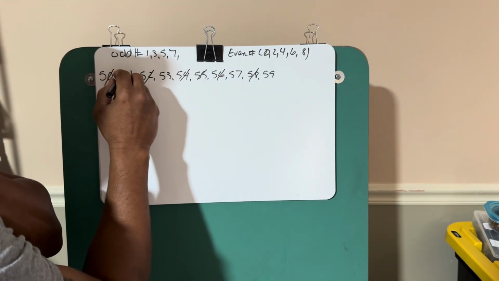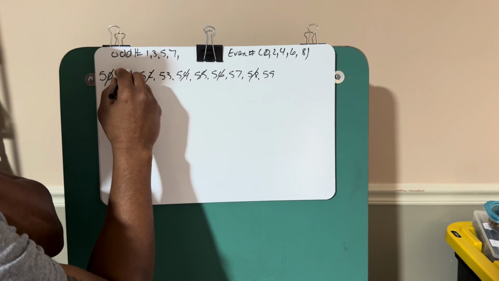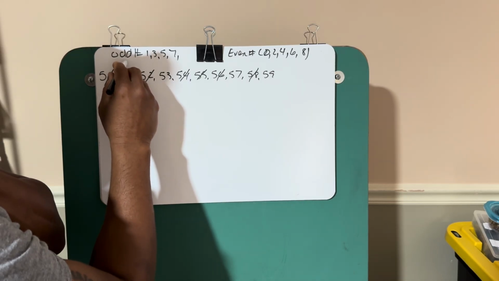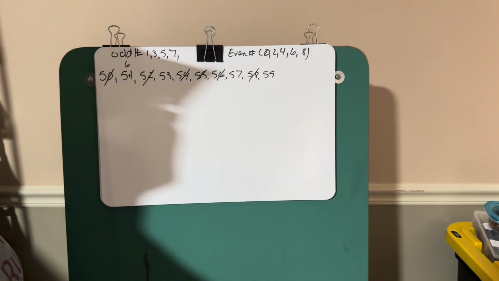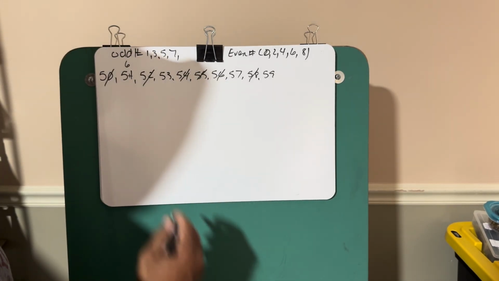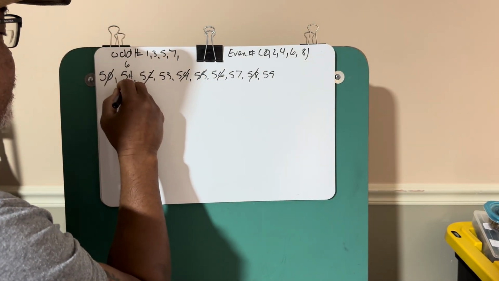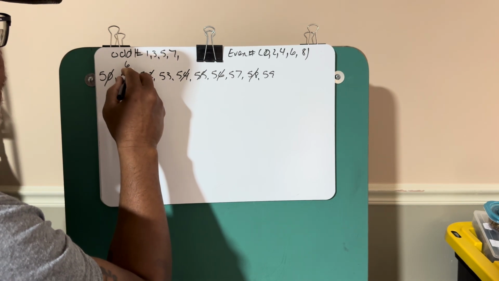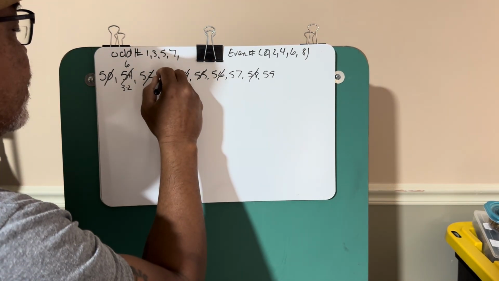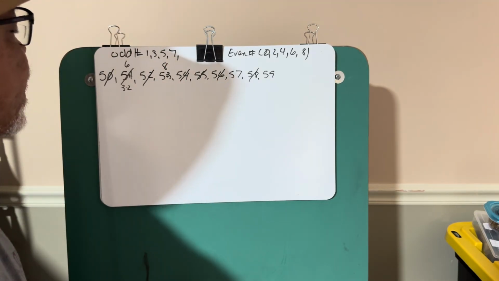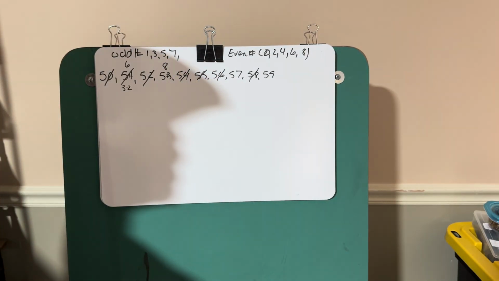Let's do our trick for 3. 5 plus 1 is 6. Is there anything times 3 that will give us 6? If you said 3 times 2, you will be correct, which means we can cross that out. Add these 2 up, that gives us 8. Anything times 3 that would give us 8?